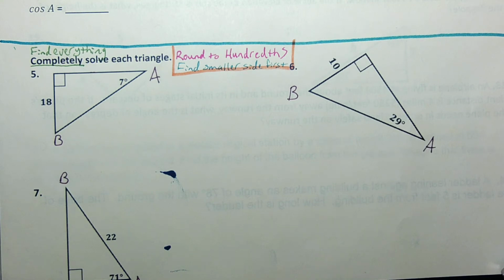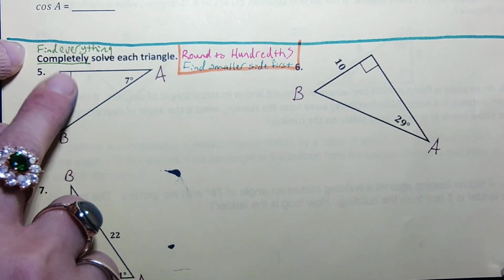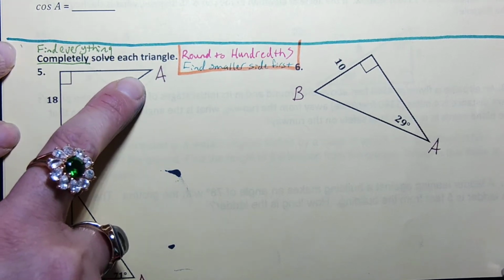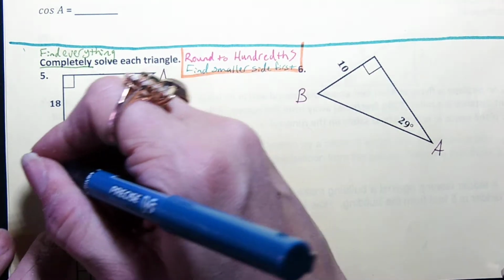So as I mentioned, the easiest thing to find in this triangle currently is going to be angle B. Can anyone explain how we find angle B? Perfect. We're going to take 180, that's the total angles in the triangle, minus the 90-degree angle and minus the 7-degree angle. So you can show work for that if you want.